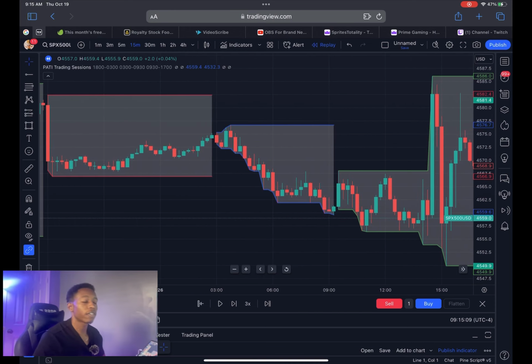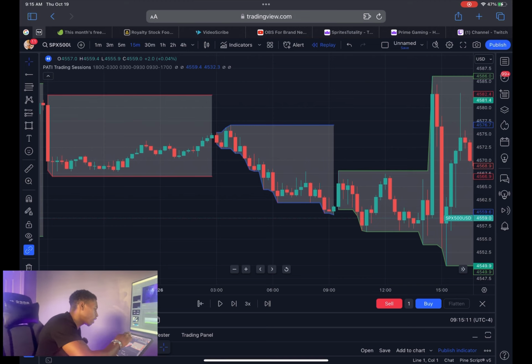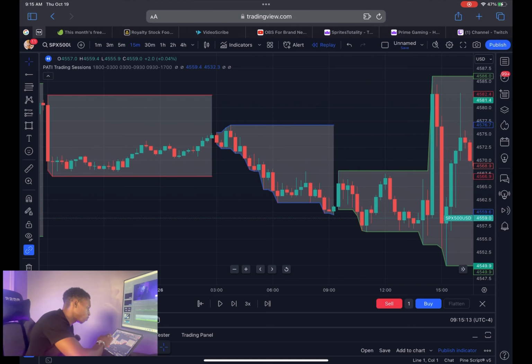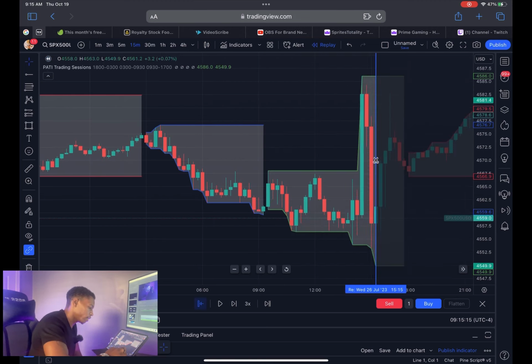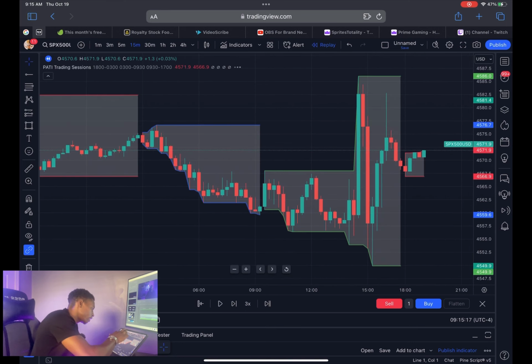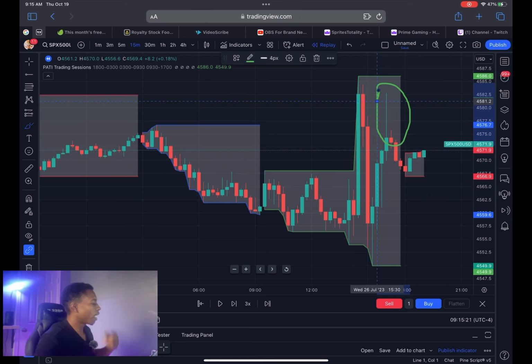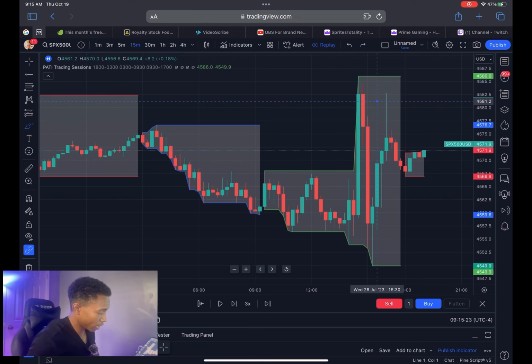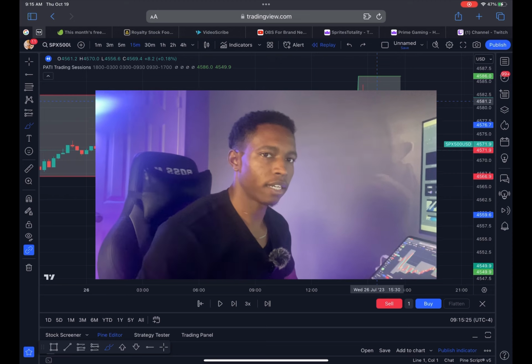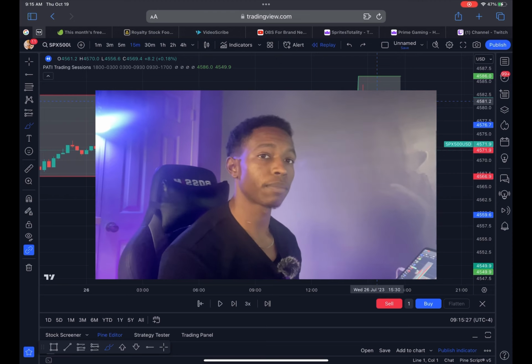Okay, so for this one that I am going to circle right here in green, that is a super rejection candle. You see it's rejecting a lot, so 9 times out of 10 it'll definitely tell you that the market is about to go down.